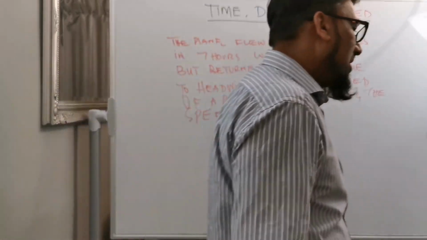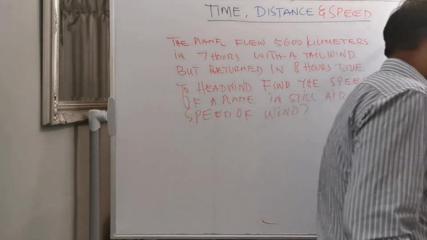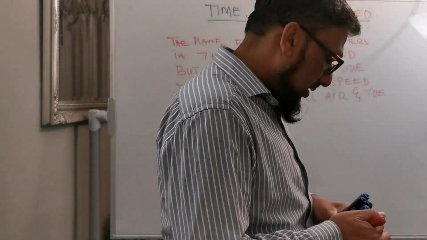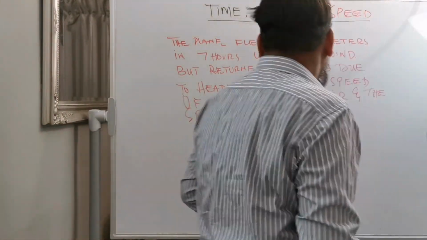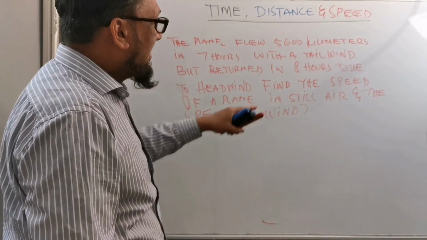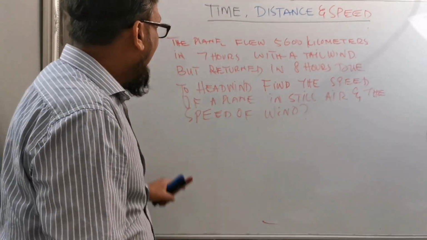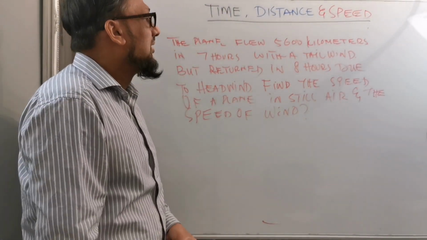So we need to find out two things. What? We need to find out the speed of a plane in still air and the speed of wind.